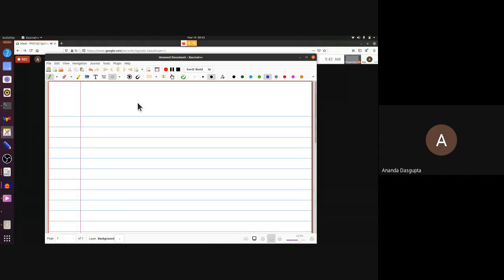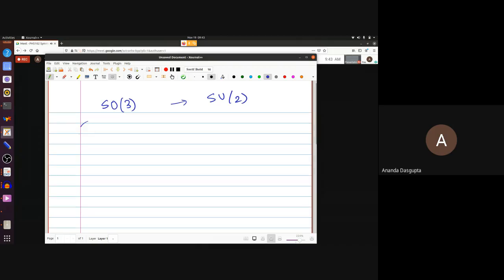Okay, so we were talking about the connection between SO3 and SU2. What we did last day quickly was this. We talked about the group manifold of SO3. This has a fancy name, but what we understood it to be is a solid ball of radius pi.